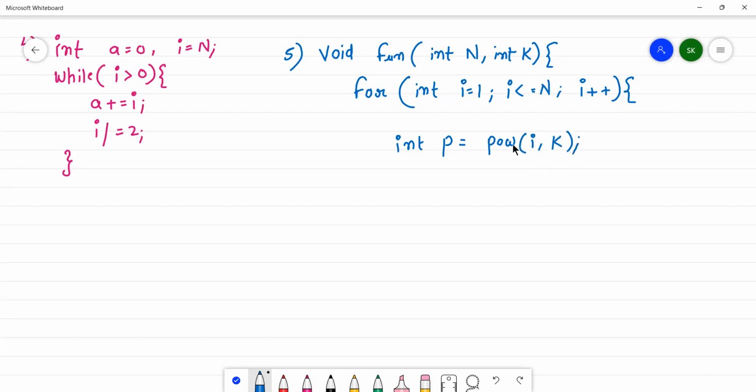Assume that your power function is going to take constant time. I'll just write here: assume power function takes order of 1 time.